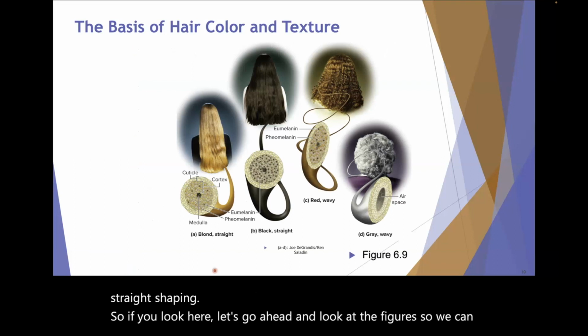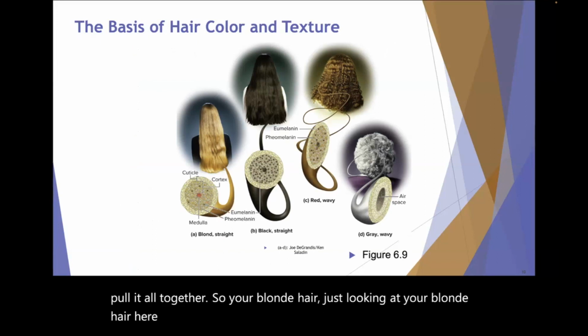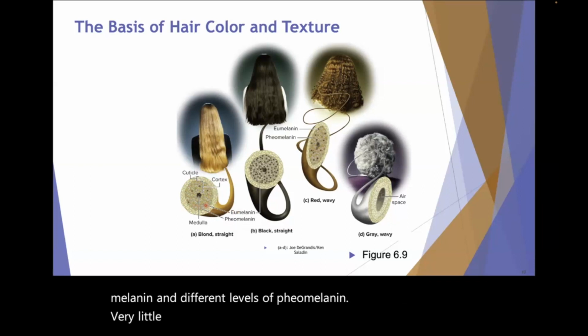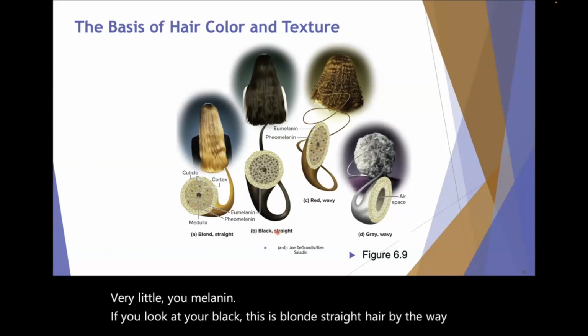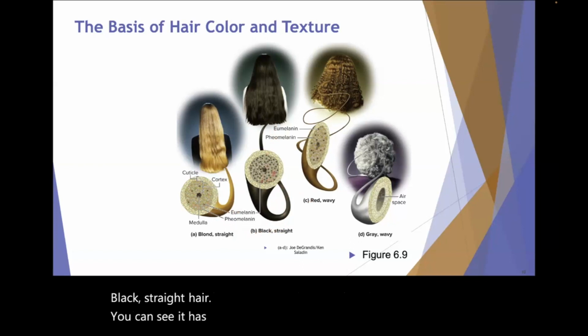So just looking at your blonde hair here, this is the medulla of the blonde hair. It has a lot more pheomelanin and different levels of pheomelanin, very little eumelanin. If you look at your black, this is blonde straight hair, by the way, black straight hair, you can see it has lots of eumelanin in it.